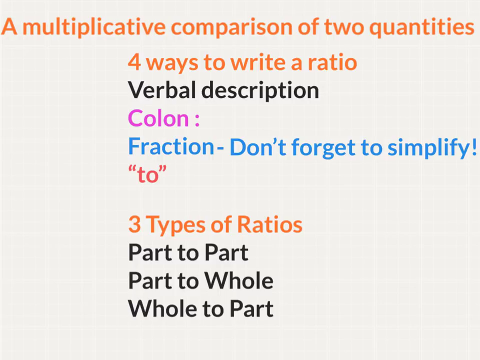The fraction. Don't forget to simplify. The fraction is the most common way you'll see or write a ratio, and it must always be simplified when it can be. And finally, using the word to. Then, of course, there are 3 types of ratios. I can compare one part of something to another part, one part of something to the whole thing, or the whole thing to one part.